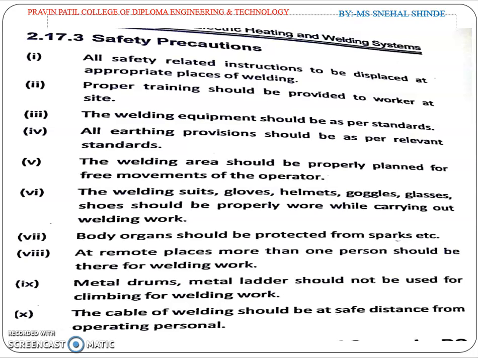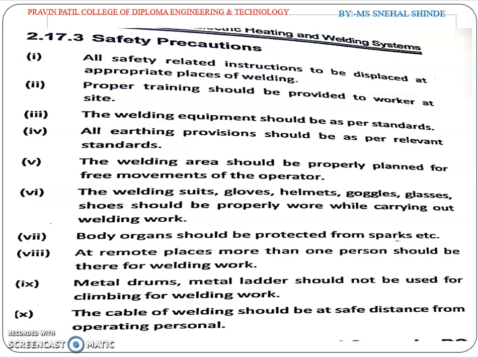Proper training should be provided to the worker at site. So the worker handling a welding work should be given proper training on how the weld joint is to be done.